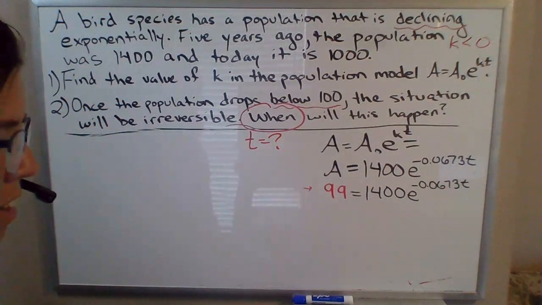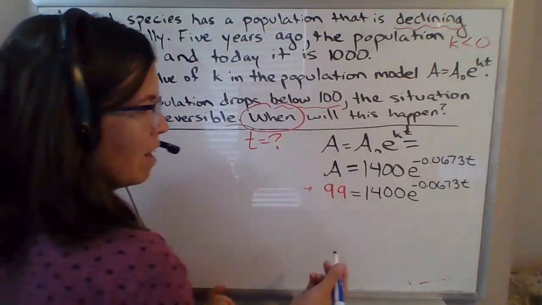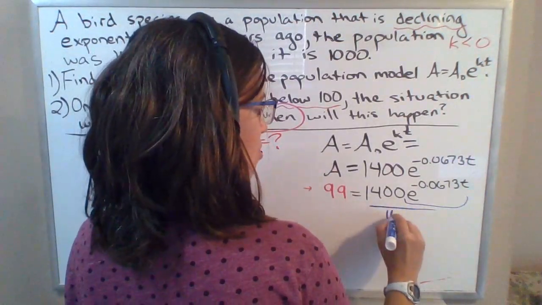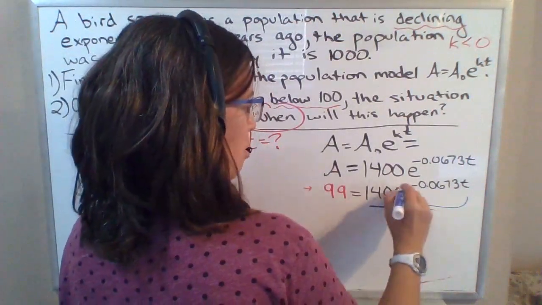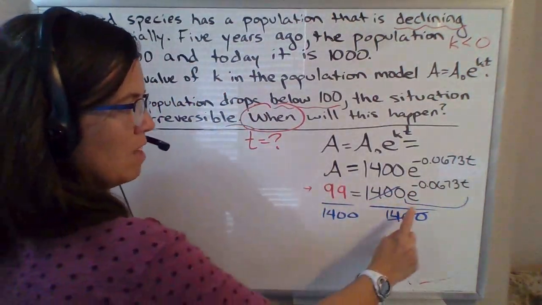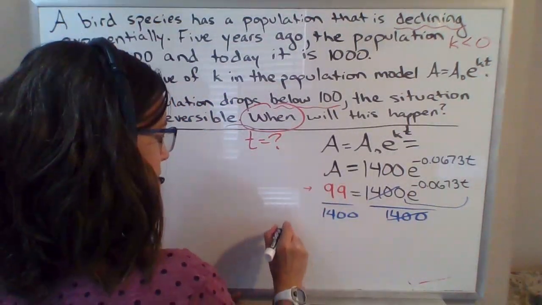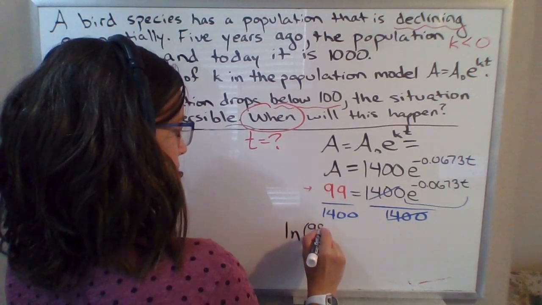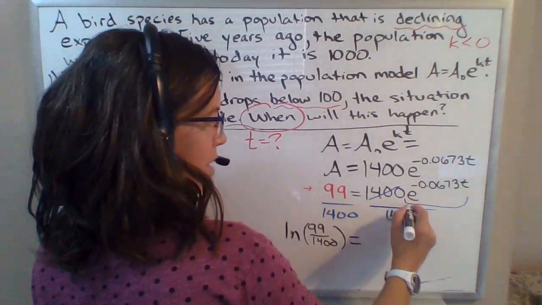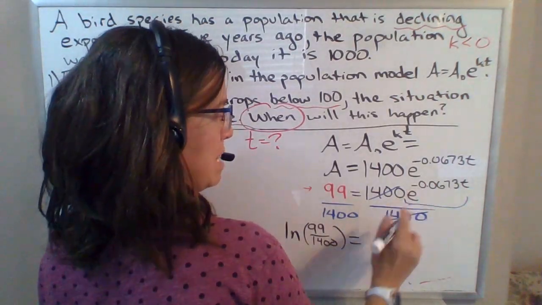Now, as far as solving these exponential equations, it's very repetitive in section 4.5. So first, isolate the exponential expression, so divide by this coefficient. You've seen this several times before at this point. Now we have the exponential expression by itself. Take natural log of both sides. Natural log of 99 over 1400 equals natural log of that, but when you take the natural log, it's going to get rid of your base e.